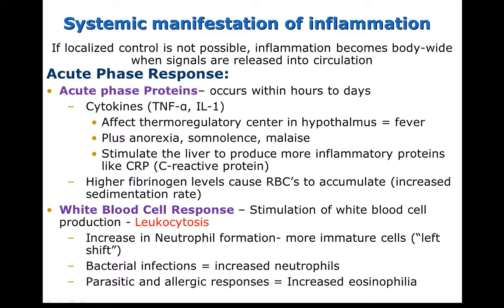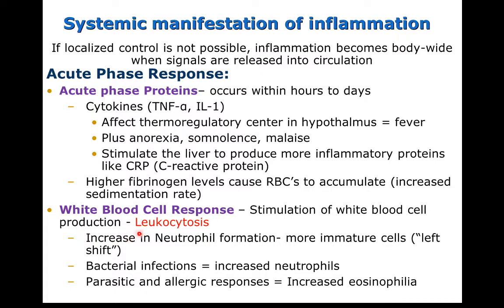When signals are released in the circulation, we will also experience some heightened production of white blood cells. And all of this will become more clear when we discuss blood cells, but leukocytosis is common in systemic inflammation.